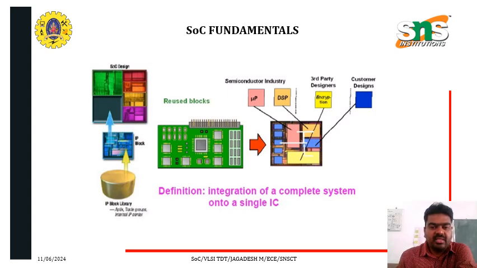So you can see in this image, as I said in the previous slide, the complete system on a single IC is called a system on chip. You could see reused blocks, semiconductor, microprocessor, DSP processor, encryption, customer design, everything combined together and kept on the single chip.